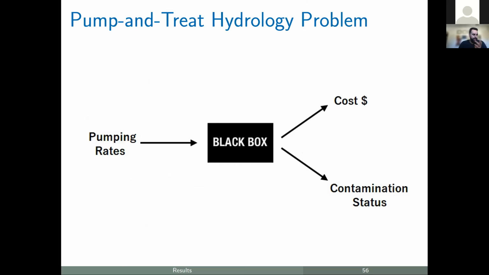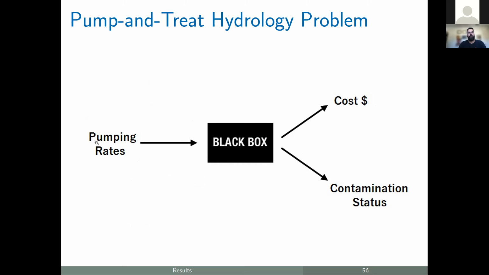Okay, everything I've shown you so far has been on toy examples. This is that Lockwood problem we're going to return to. I had said that they constructed a computer model to represent that physical system of installing the pumps, turning them on, and seeing if any contaminants escape into the Yellowstone River, while they're trying to minimize the cost of running the pumps while making sure that this constraint of the contamination status is always satisfied.